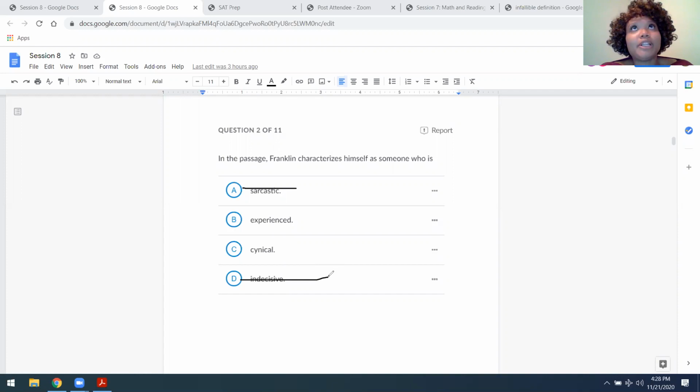In that little part where he speaks about himself, remember, he's speaking more about what he thinks about the Constitution, what he thinks about people coming together to vote on something, and that is that they're bound to disagree for various reasons. So those are the main things he's speaking about.